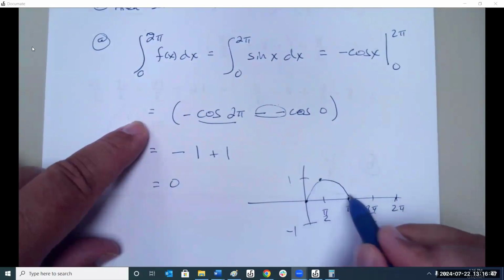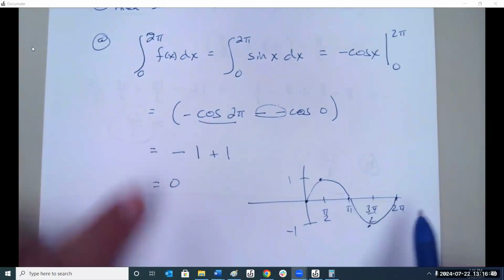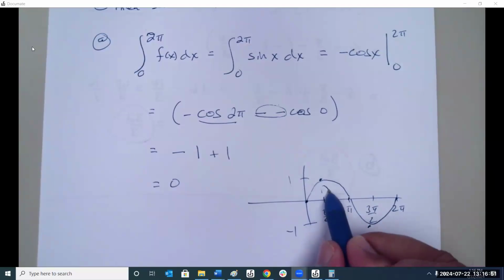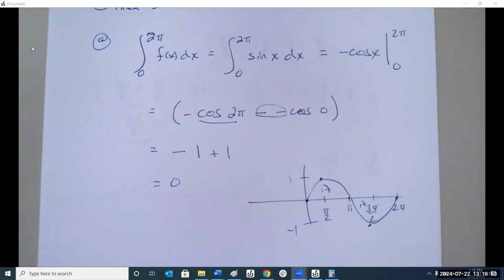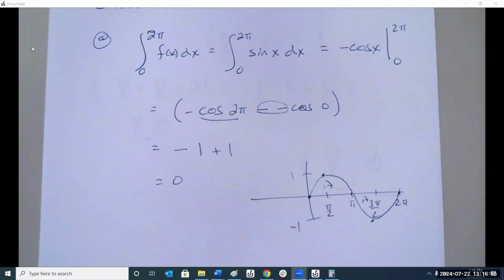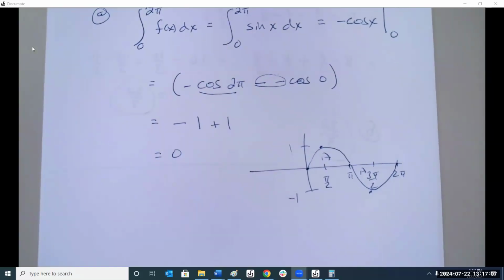So part of it is above and part of it below. If it equals 0, that means these two areas are equal. So what we have to do now is separate it from where it's positive, where it's negative. Find the area between there.